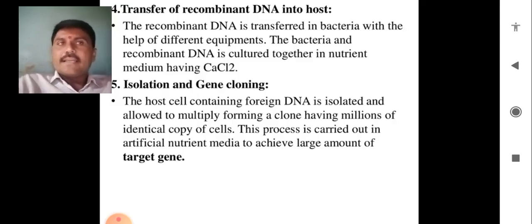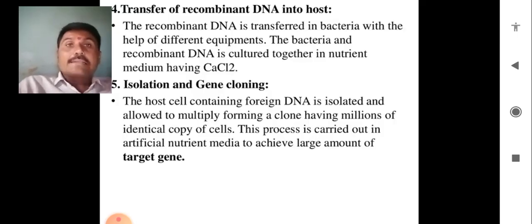The recombinant DNA is transferred into bacteria. The same species of bacteria are cultured and replicated, and the recombinant DNA is cultured in a nutrient medium. In gene cloning, the host cell containing foreign DNA is isolated and allowed to multiply, forming a clone having millions of identical copies of these cells.